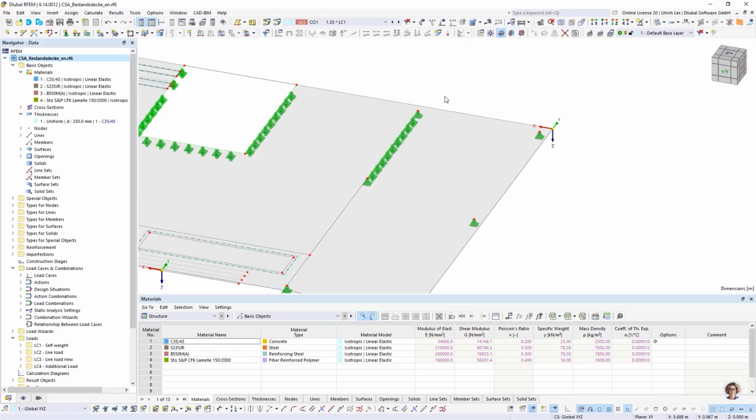In the first state, it's point supported with nodal supports, and in the second state there will be a line support here, like a wall or something else. So that means for the beginning we have to model both in one system, and later on we will decide which support is acting in which state.